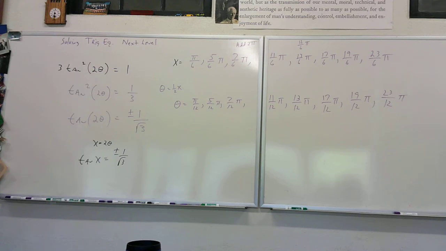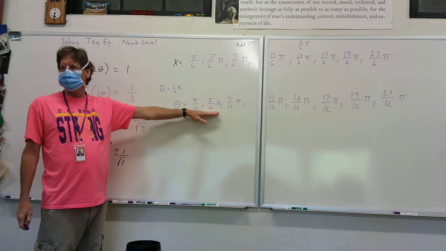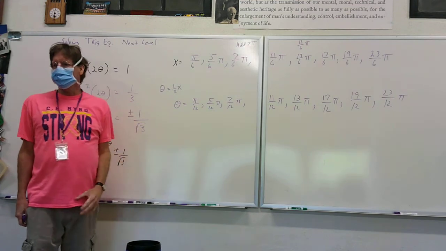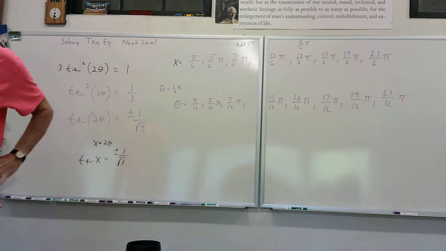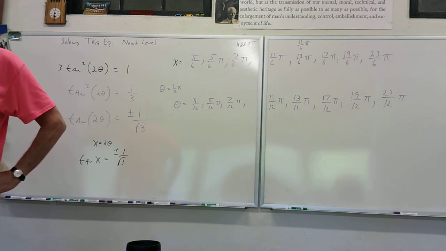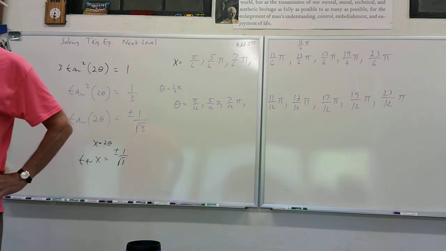Here is what, to me, is interesting about this, or what makes this really cool, or makes this big thinking: you notice that your final solutions are not numbers that are on your unit circle. Your unit circle looks limited. We didn't put 15 degrees, and we didn't put 22.5 degrees and all that.